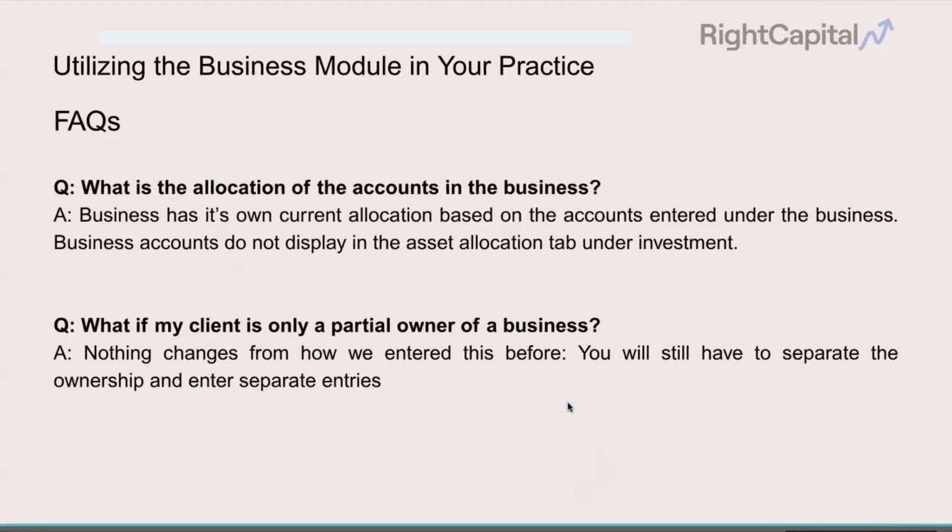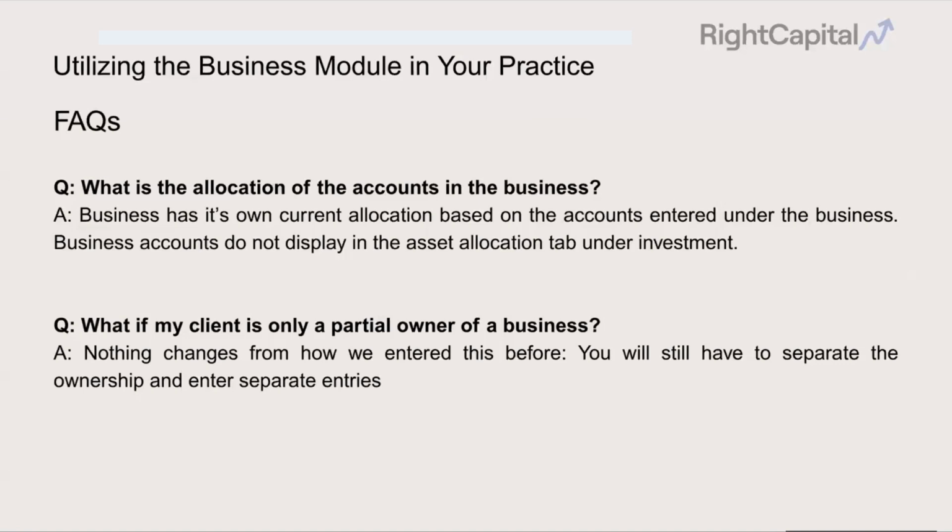Moving right along here, this is the last slide, and then we'll get into that Q&A. But another frequently asked question is, what is the allocation of the accounts in the business? So the business has its own current allocation based on the accounts entered in the business. So right now you have the current allocation under the investment tab, which is based off of the investment accounts entered over in profile net worth for the client's personal investment information.